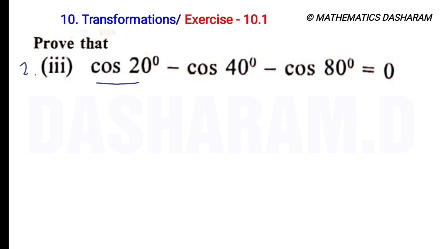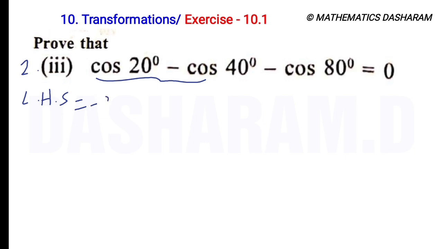Third problem: cos 20 minus cos 40 degrees minus cos 80 degrees equals 0. So in the LHS, for the first two terms, that means cos C minus cos D. The cos C minus cos D formula is minus 2 sin (C plus D)/2 into sin (C minus D)/2.